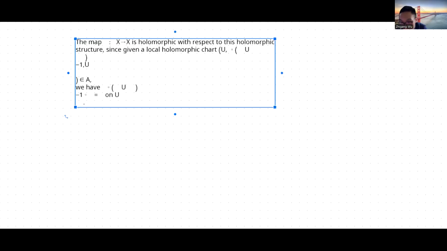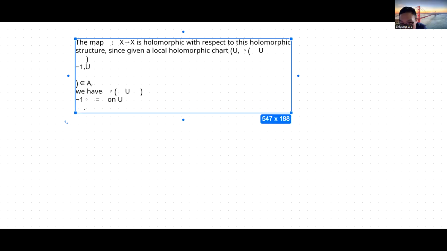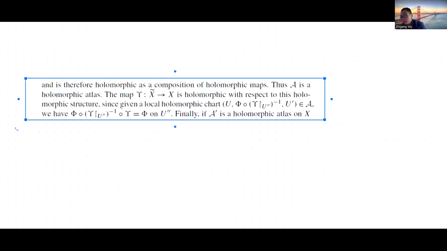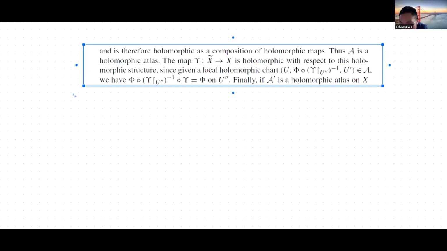Let me see if I can paste everything here. Oops. It can be pasted here, but let me see if I can just take a screenshot. Okay, here we go.